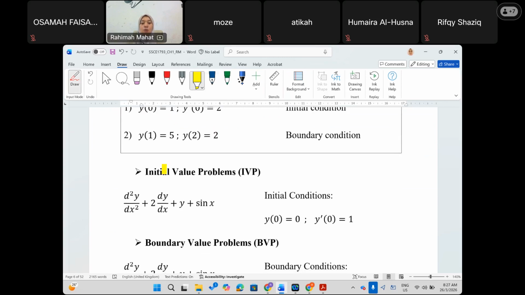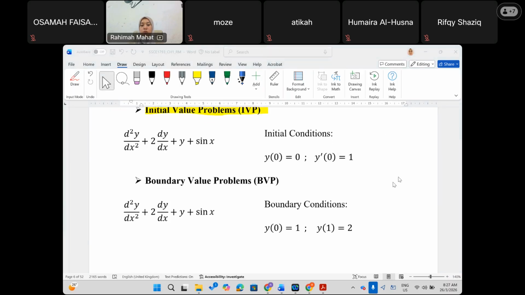This is how we solve the initial value problem d squared y over dx squared plus 2 dy over dx plus y equals sine x, with the initial condition y(0) equal to 0 and y'(0) equal to 1. At the end of your solution, you need to substitute the initial condition to get the answer.